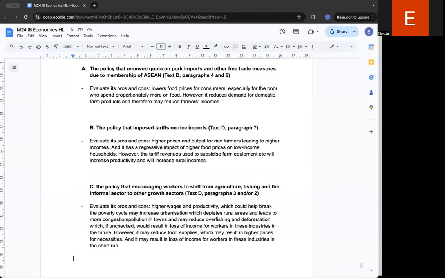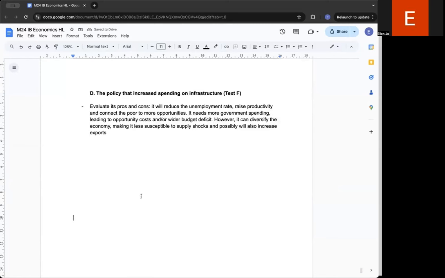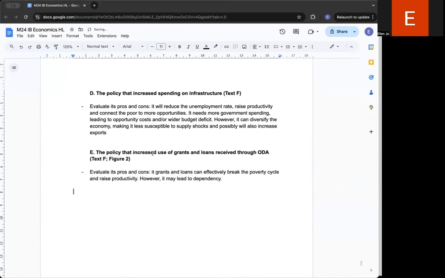Third is the policy that encouraged workers to shift from agriculture, fishing, and informal sector to the other growing sectors. Next is the policy that increased the spending on infrastructure and its pros and cons. Last is the policy that increased use of grants and loans received through ODA, and its pros and cons.